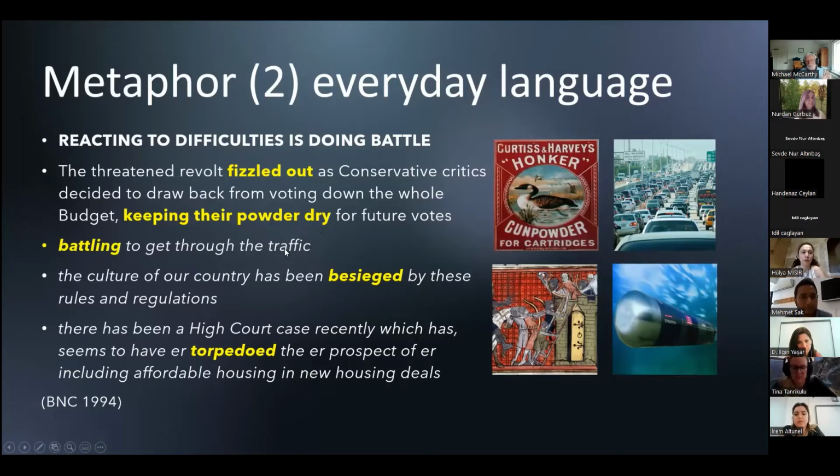Relevance is brought in here. Besieged is salient, it's not a very common word, a very low frequency word. Torpedoed, again, not a very common word, and you have to make it relevant. How on earth can a torpedo be relevant to the government's policy on housing for people?